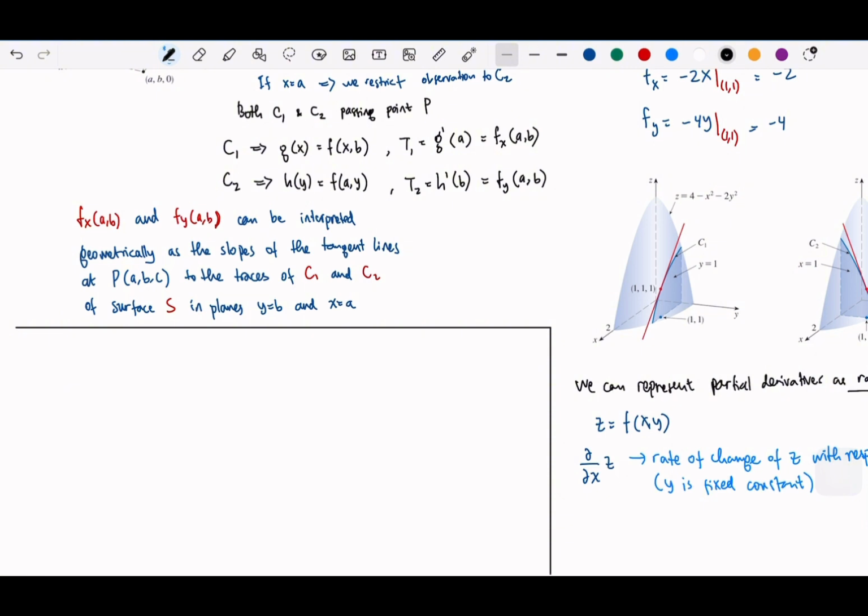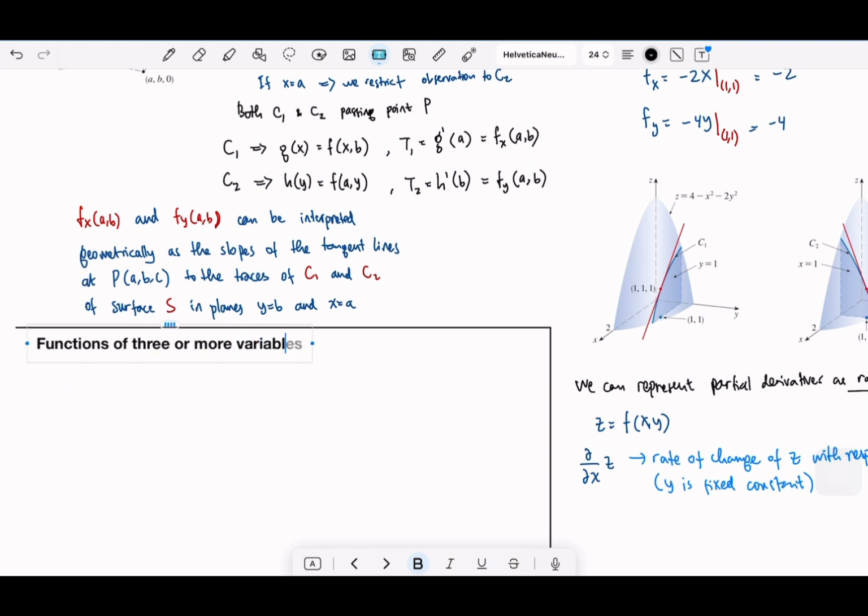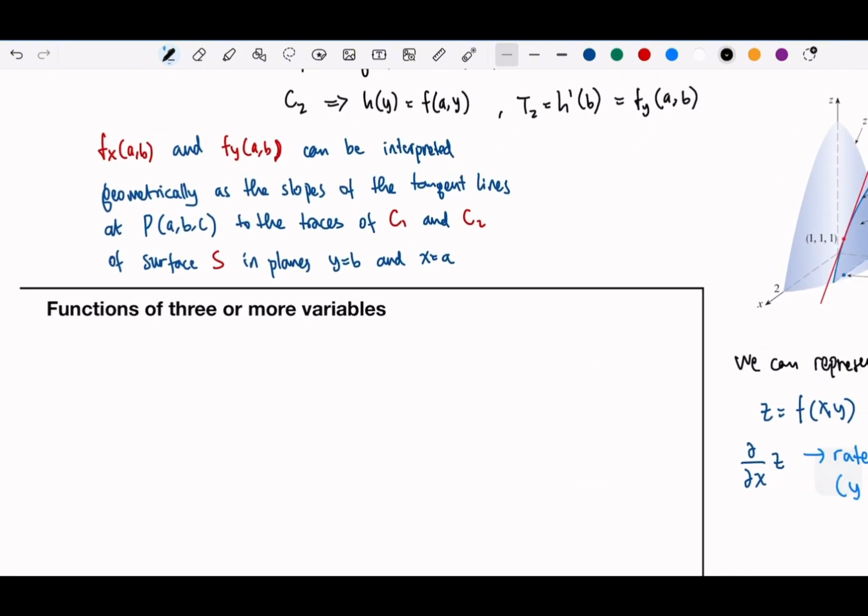So this will be, let me write here, functions of 3 or more variables. So let me just write the limit definition.